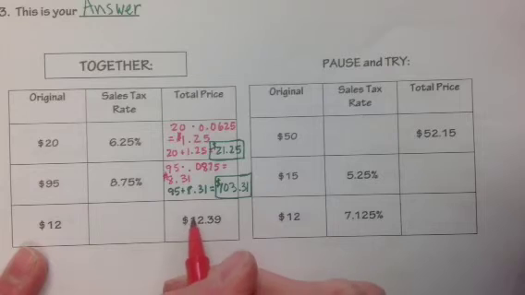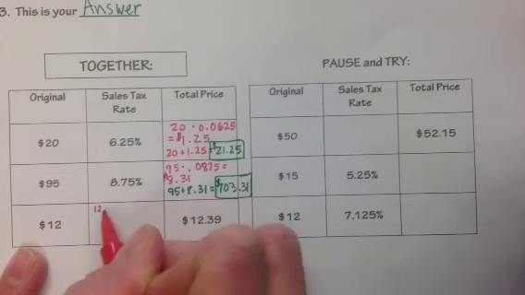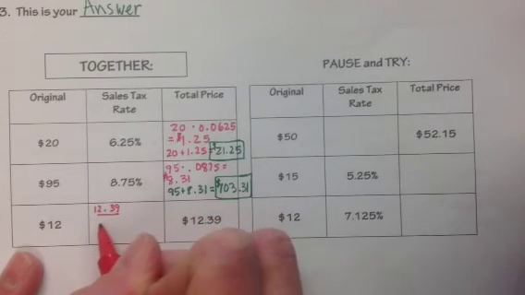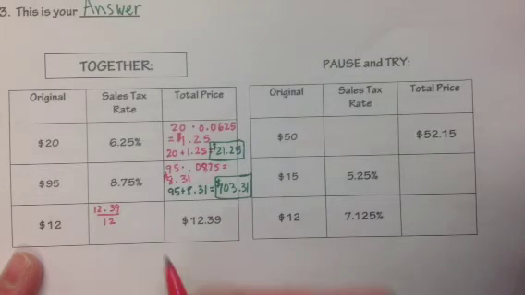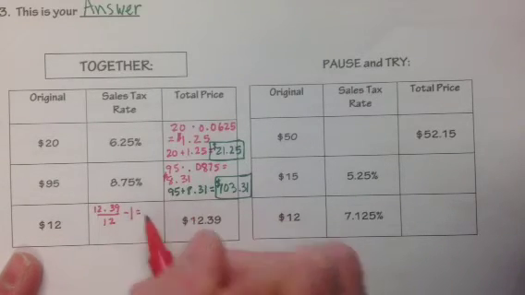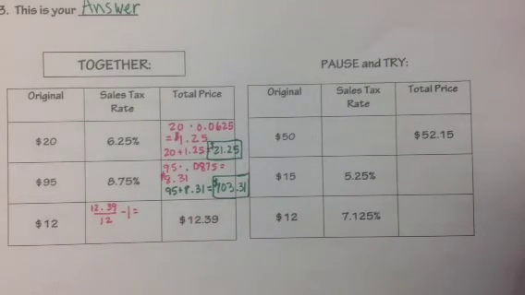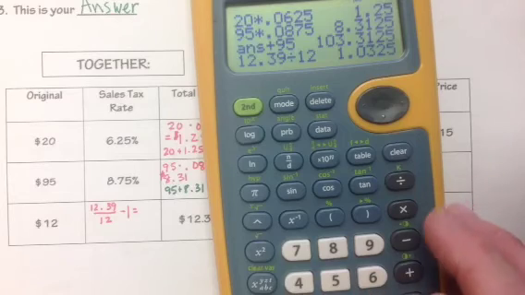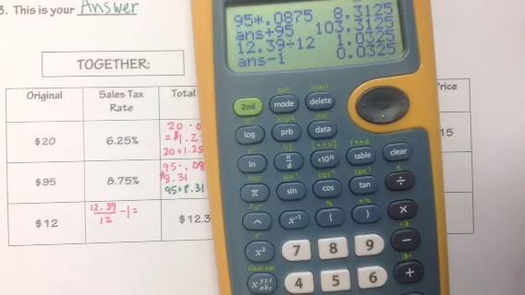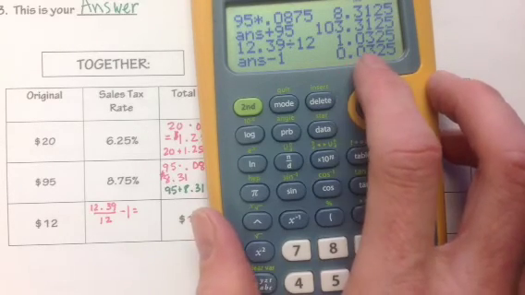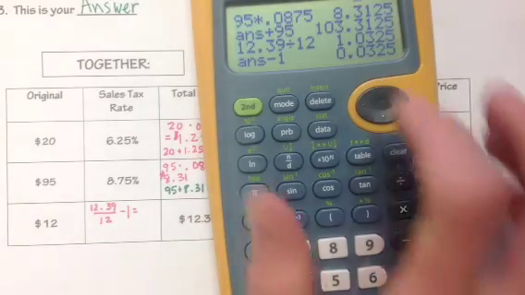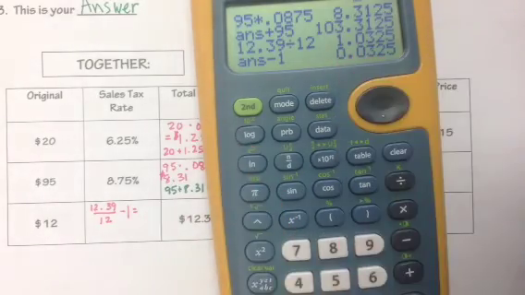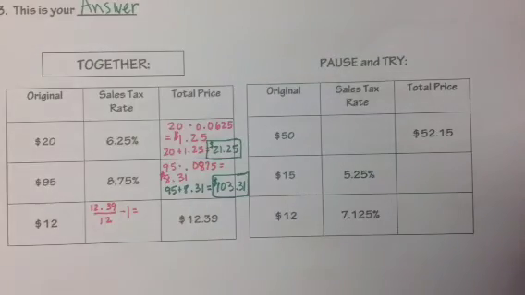So I'm going to do my new, which is $12.39, over my old, which is $12, minus 1, and then remember we have to make it a percent. So here we go on our calculator, 12.39 divided by 12, enter, minus 1, enter. We see that we're going to then move our decimal, so we would have 3.25%.